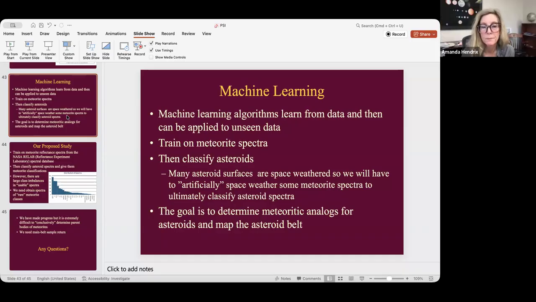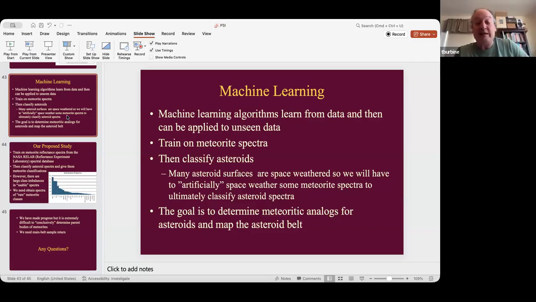It doesn't work. So what you're going to have to do, and there are people who do that mathematically, is artificially space weather the meteorite spectra to look like the asteroids. So put in some nanophase iron, and people have done that.